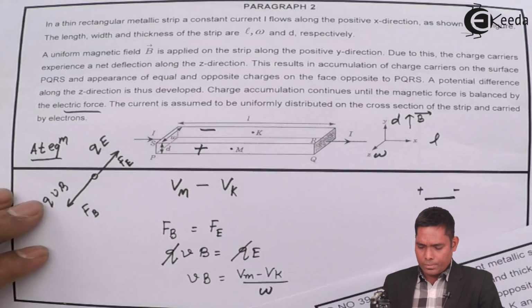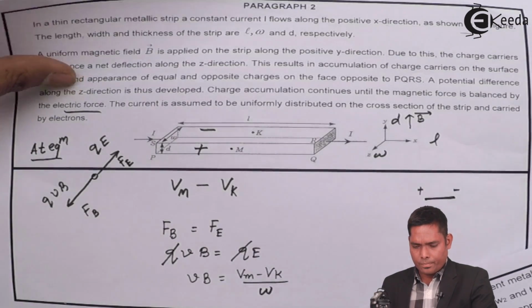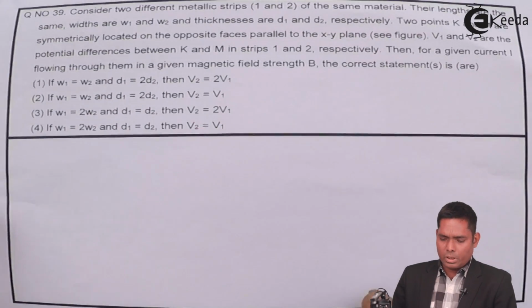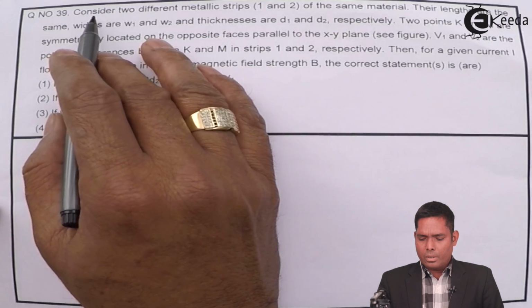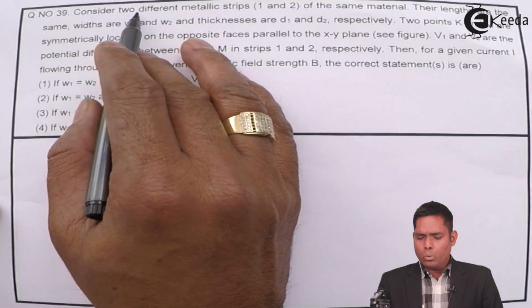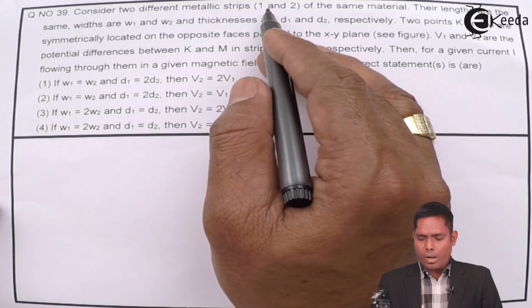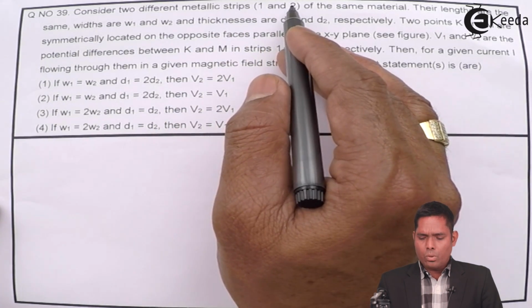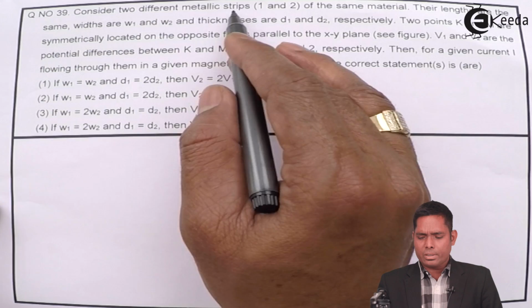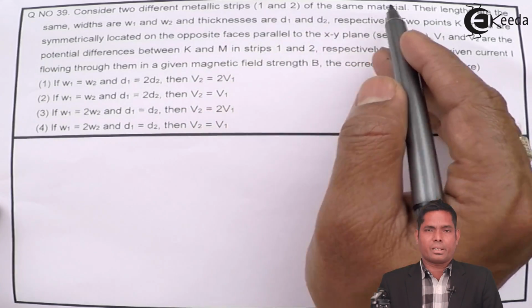The question is, consider two different metallic strips, 1 and 2, of the same material.